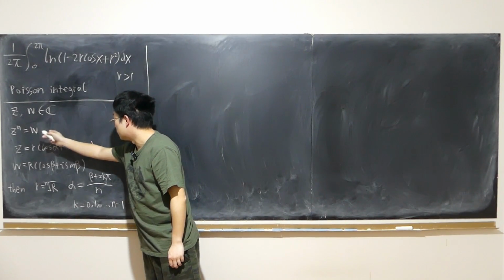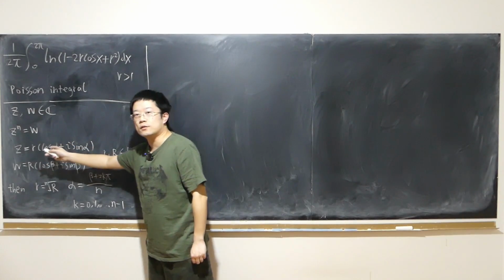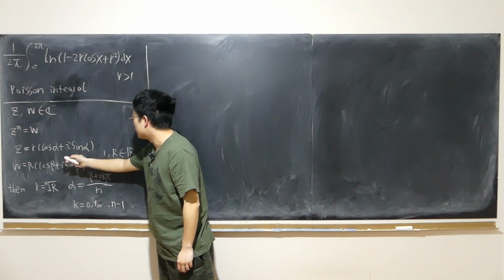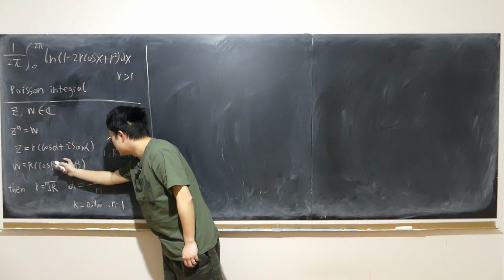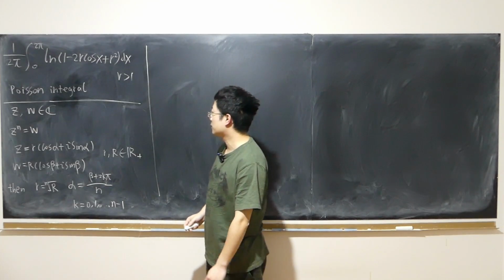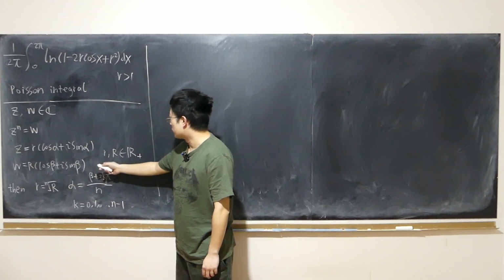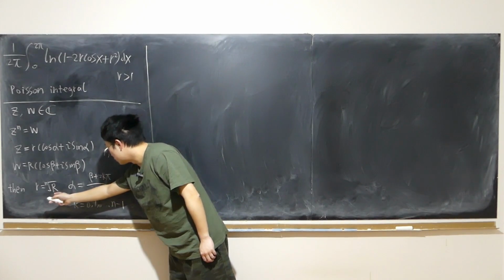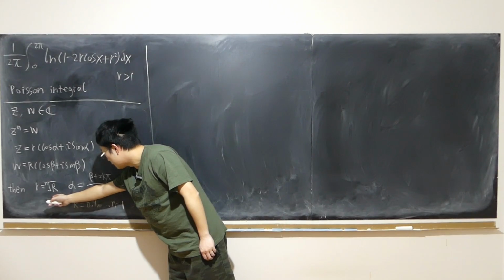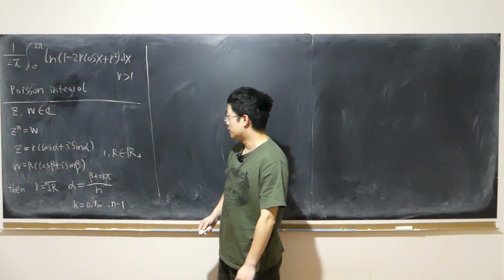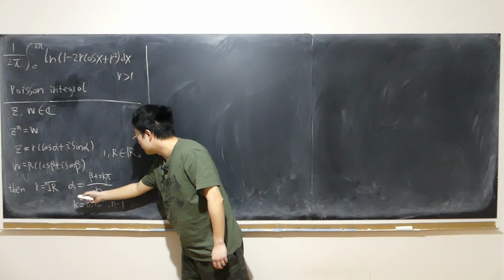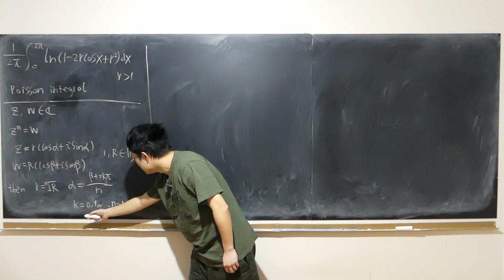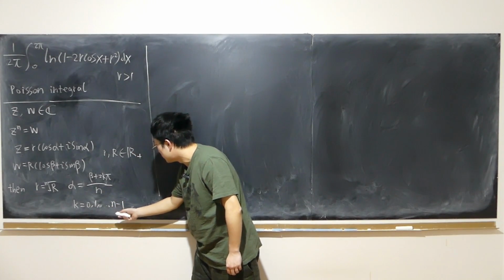z and w are both complex numbers. If z to the power of n is equal to w, and if we write them in polar coordinate form, z and w equal to those equations, and of course, r and R are both positive real numbers, then we can prove that little r is equal to the nth root of big R. At the same time, this angle alpha is equal to beta plus 2k pi over n, where k is equal to 0, 1, 2, all the way up to n minus 1.